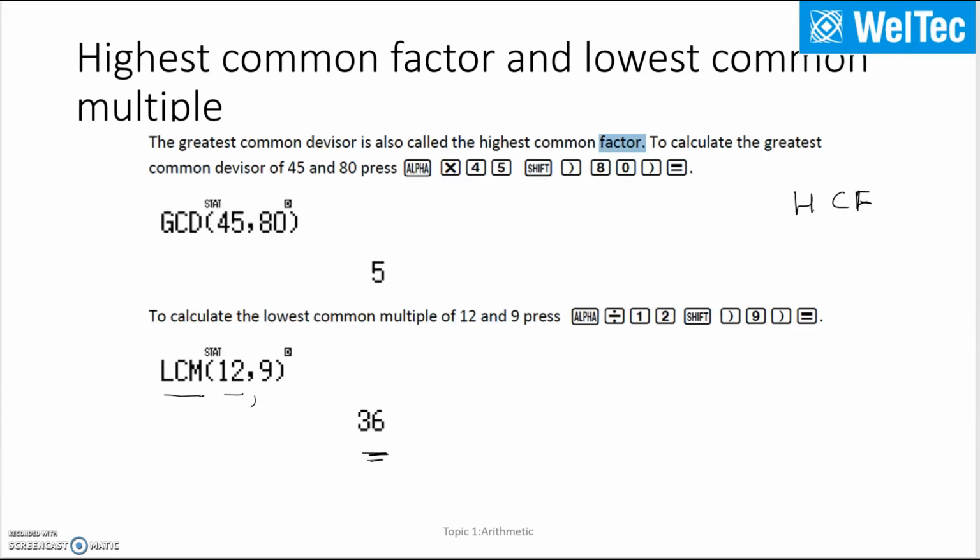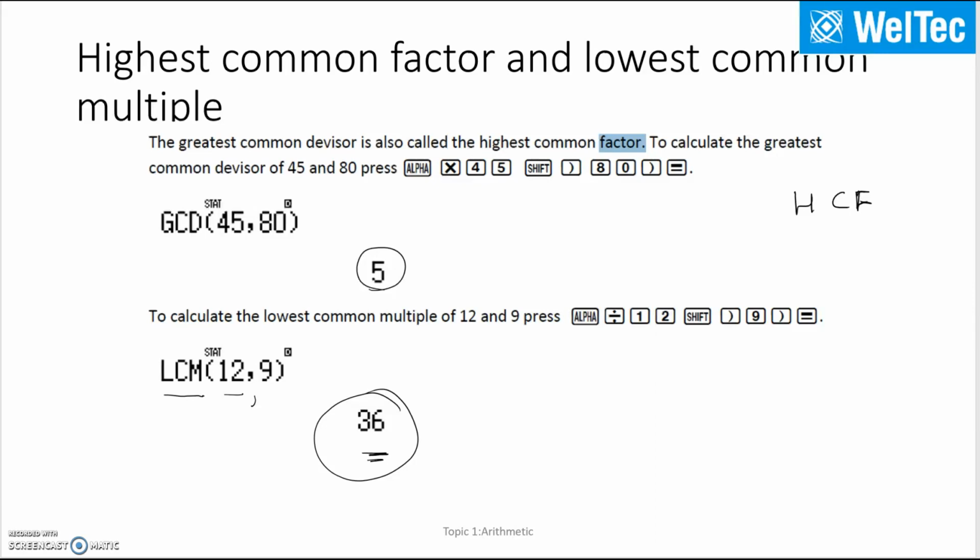So this is what I mean. The highest common factor is a smaller number, and the lowest common multiple is a bigger number, because the lowest common multiple has got to be the number that both of them will go into, right?